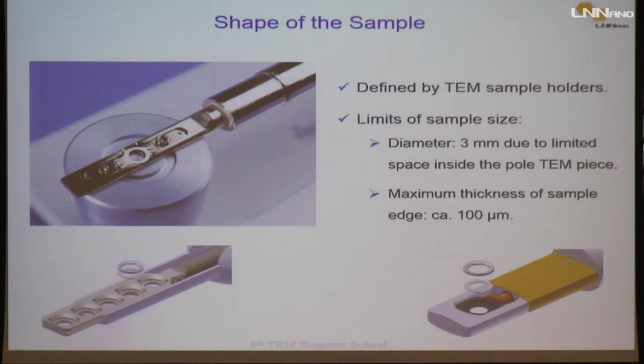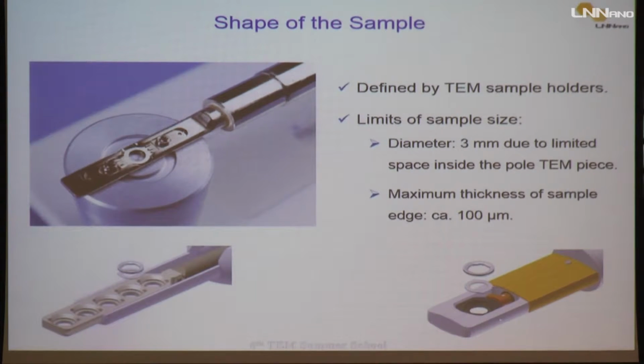We used to have all the microscopes defined by the shape of the sample holders, so the ideal sample will have a circular shape, okay, with a diameter smaller than about 3 millimeters, and a thickness smaller than about 100 micrometers.